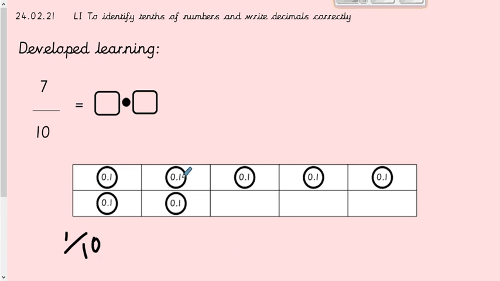So here I've got 1, 2, 3, 4, 5, 6, 7 tenths, but I've just written them as a decimal instead of a fraction. And if we add them up, we'd have 1, 2, 3, 4, 5, 6, 7. So 7 tenths as a decimal would be 0.7.